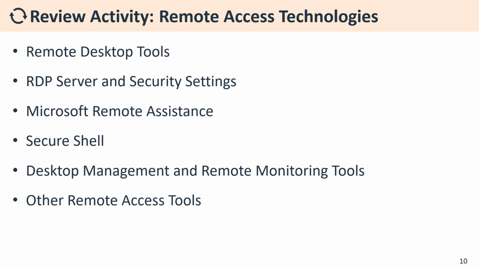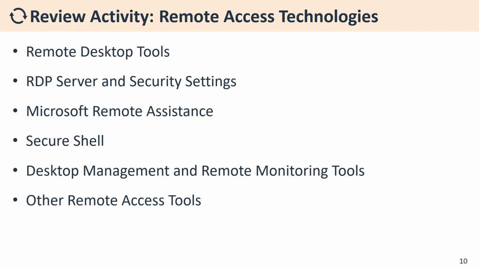We discussed a little bit about the Microsoft Remote Assistance, which allows you to interact with the user, especially for support. We discussed the SSH or the Secure Shell Protocol, and we mentioned that this is used to connect from one computer to another for the purpose of administrating the server or copying files and that kind of stuff.